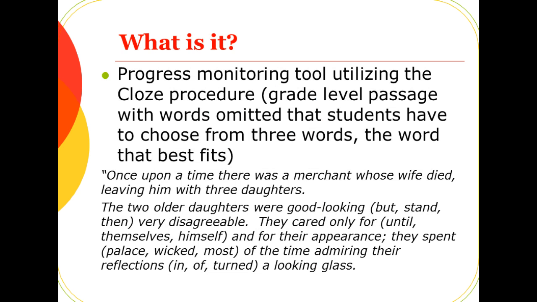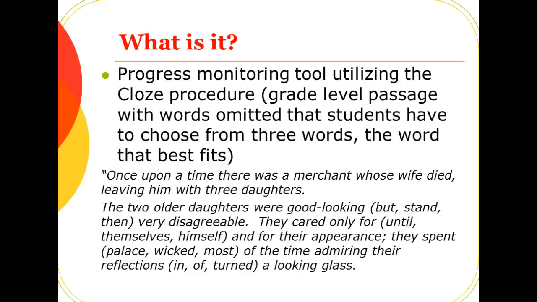But what is it? The MAISE is a progress monitoring tool using the cloze procedure, so that we have grade level text passages with words that are omitted, and the students have to choose from 3 words the word that best fits.